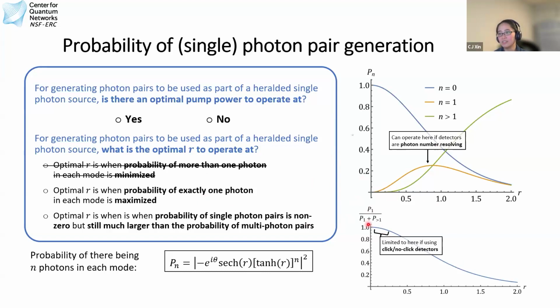You can see that it just straight up declines. There's no peak or anything. So you usually say, okay, for this application, we can tolerate this amount of multi-pair, and then you say, okay, then I will pump at some R, right? But it ends up being an application specific kind of answer.